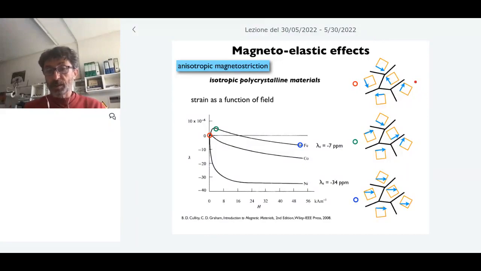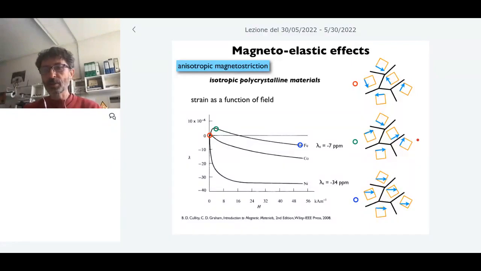Then, if you apply a field, the first thing that you do is to select domains. So you have domain wall motion and orient the domains, selecting the domain at the easy axis which is most favorable to the direction of the field. In the green dots here, imagine that I've applied a field directed to the right-hand side.